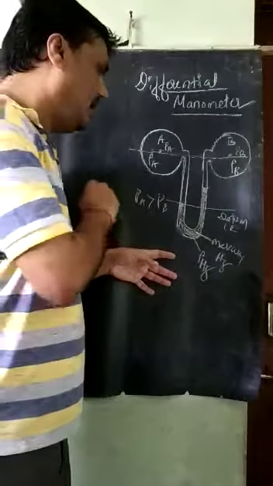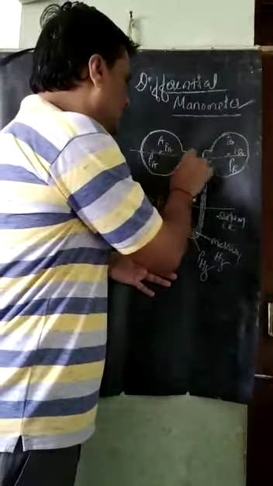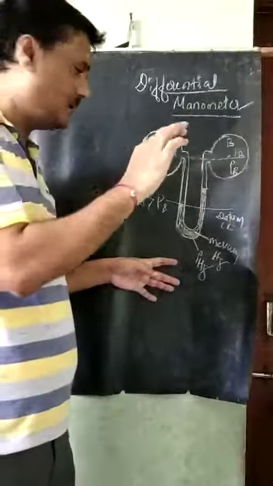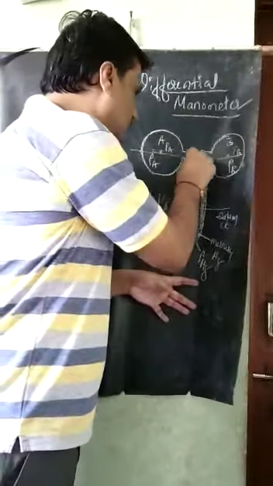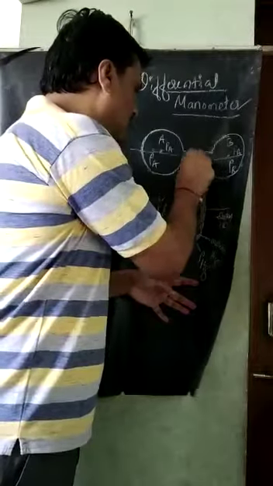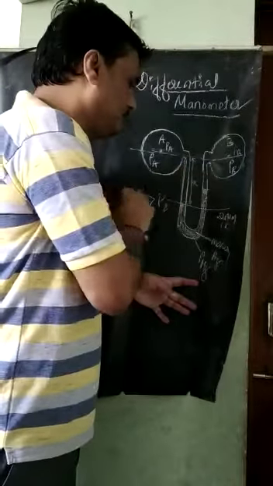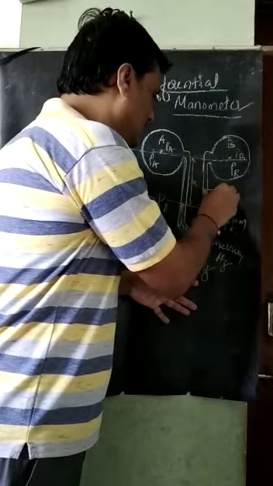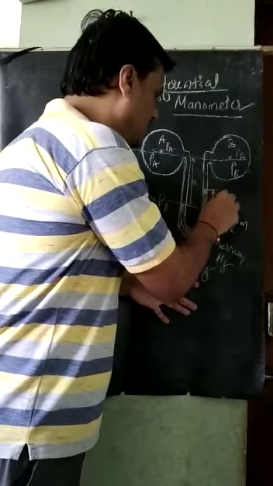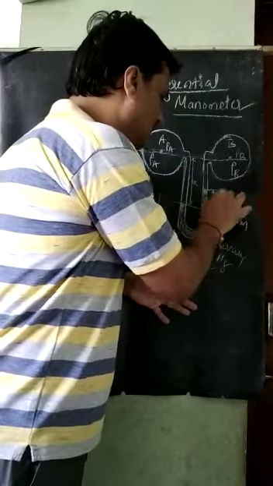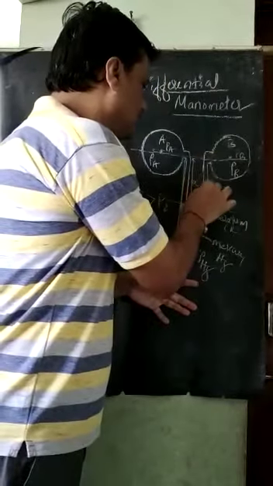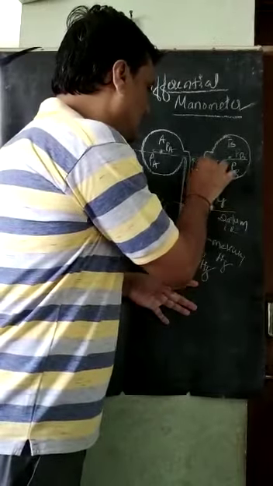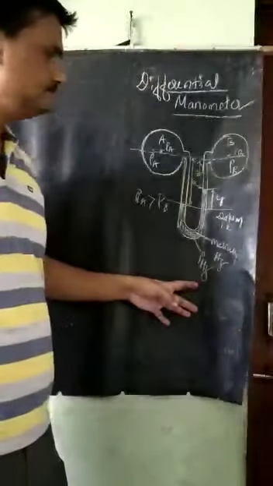Next I will take the distances from the central axis of the pipe. Both the pipes are at the same level here. This height from this axis I will take as x, and this level I will take as y, and from this axis at the right limb this one I will take as z.